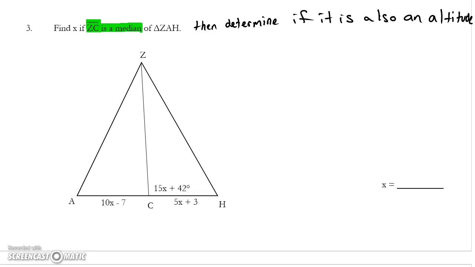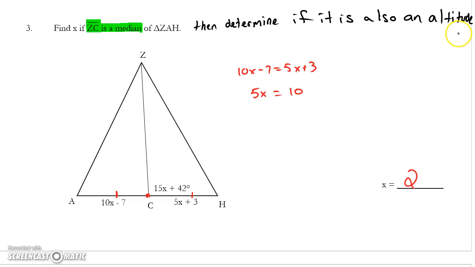Okay. So, example here, I know it's a median. All I know is that C is a midpoint. So I can set 10x minus 7 equal to 5x plus 3. If I subtract 5x from both sides, add 7 to both sides, I get that x is equal to 2. Okay? That's all this problem was asking.